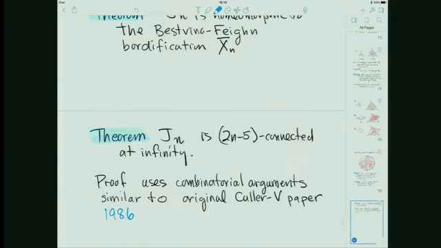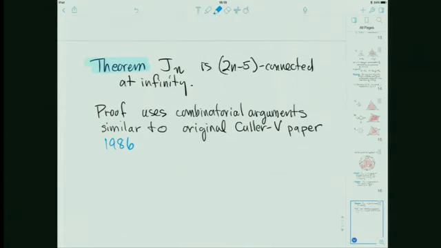One advantage of this picture is, first of all, it's a nice simple picture of what the bordification is. Second of all, it's the proof that this is highly connected at infinity, which is what you need to calculate the cohomology with compact supports, and it turns out to be much easier than the previous proof.